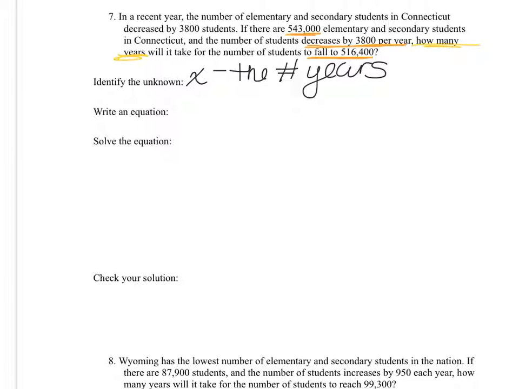We're starting with 543,000. Decreases means we're subtracting 3,800 per year, and that total comes out to 516,400. So there's our equation using those numbers.